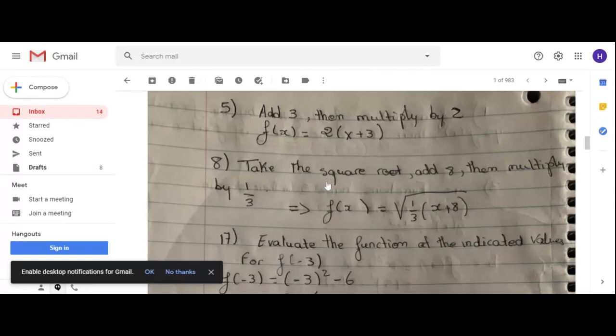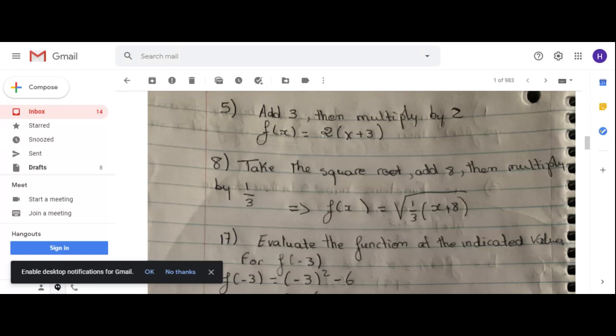Yes. Okay. They're asking to evaluate the function. So now for the first one I have f of -3. So I have to replace -3 wherever I see x.